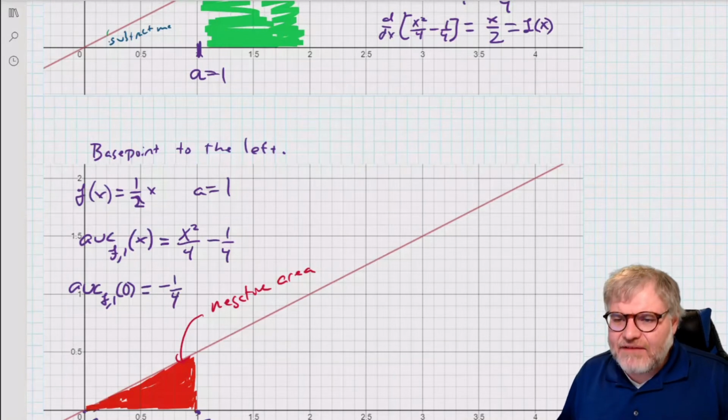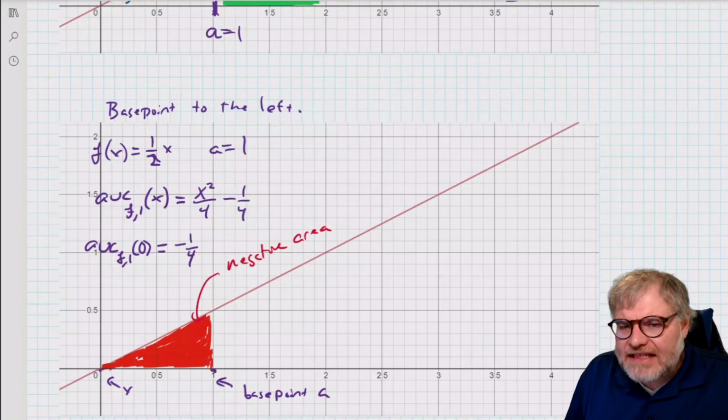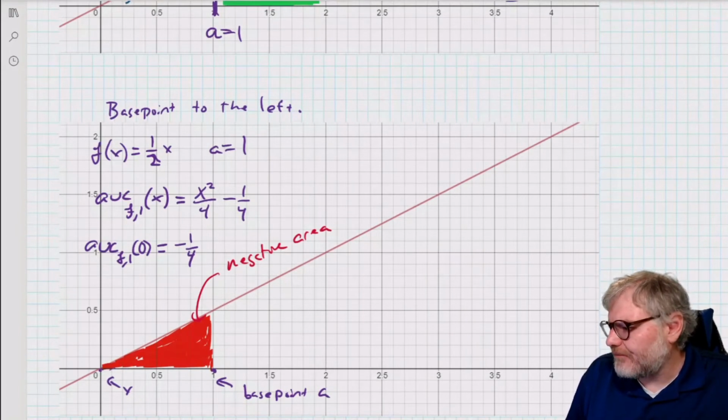So I'm going to have negative area if I go to the left. If my x is left of my base point, I'm going to wind up with negative area.